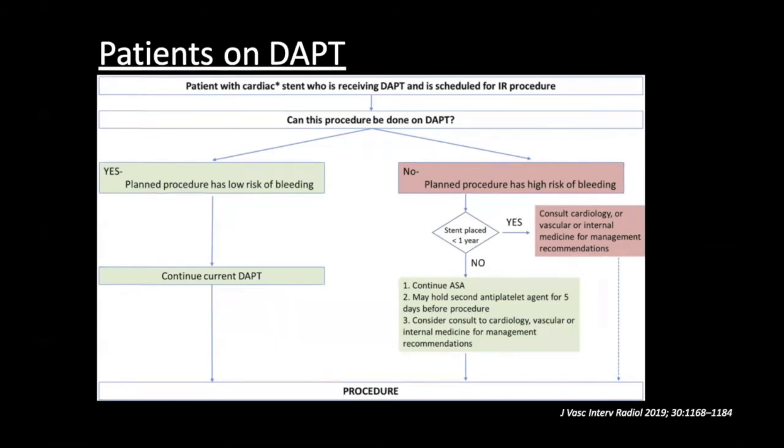You want to continue at least one of them and hold the second one for at least 5 days. And again, this has to be in consultation with the cardiologists and the vascular surgeons that take care of these patients. And like a team, you make a decision that you can go ahead and do the procedure.